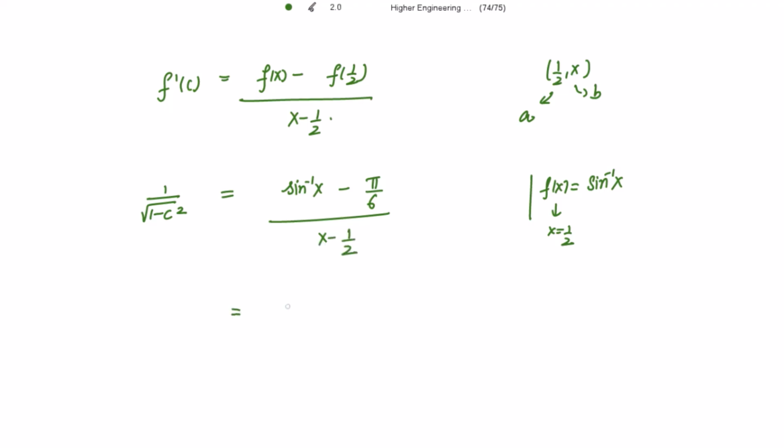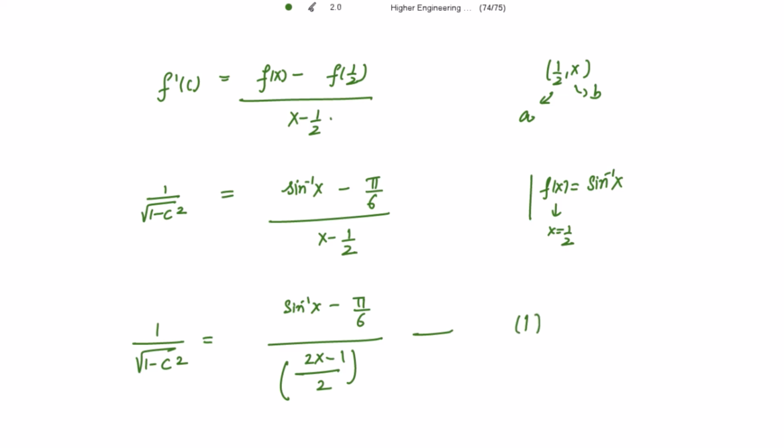So this is equal to sine inverse x minus pi by 6, divided by 2x minus 1 divided by 2. So this is 1 divided by square root of 1 minus c squared, and let's mark this as 1. Now here c is strictly less than 1 and strictly greater than 1/2 for this interval.